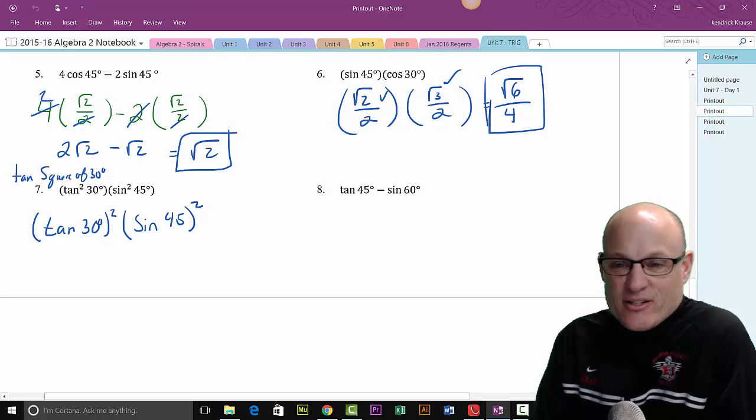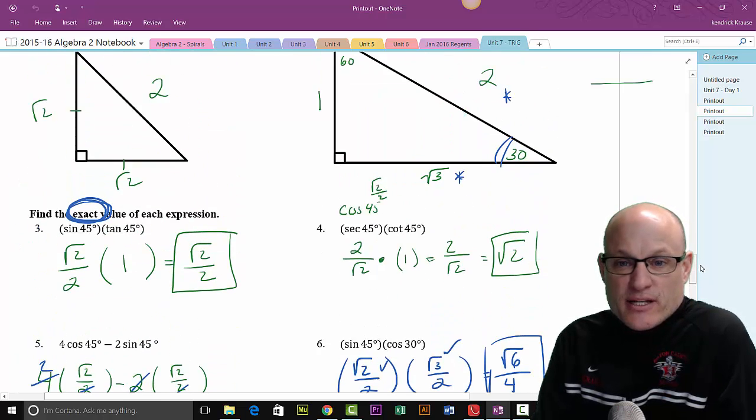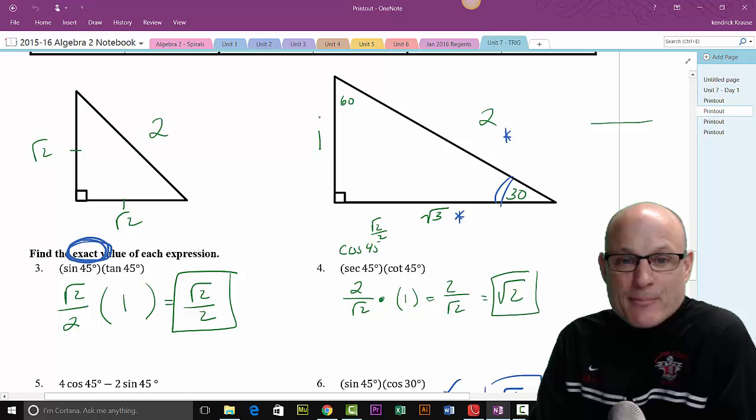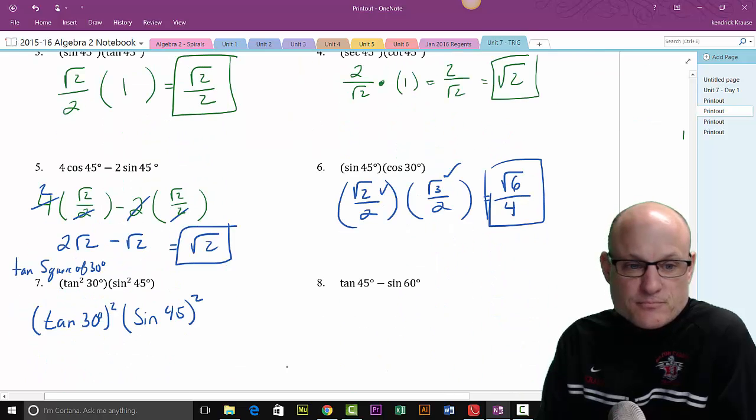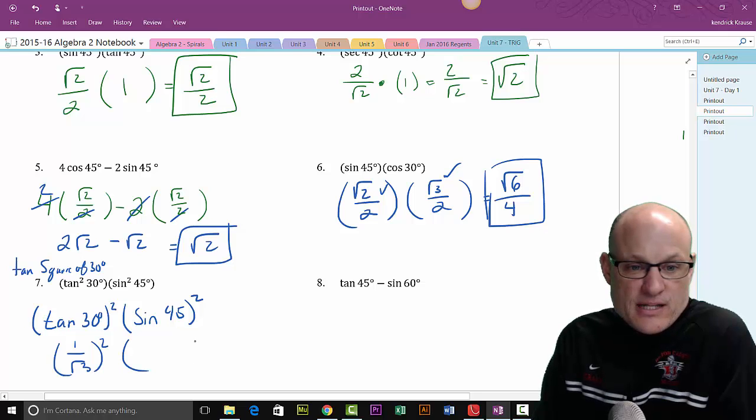So the tangent of 30, let's go back up here. Tangent of 30 is opposite over adjacent. That's 1 over the square root of 3. So I'm just going to use that. 1 over the square root of 3, but we're going to square it, times the sine of 45, which I've now committed to memory, square root of 2 over 2, squared.